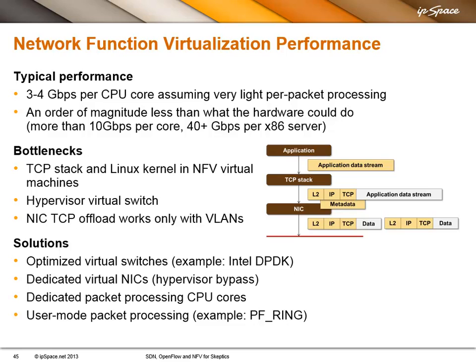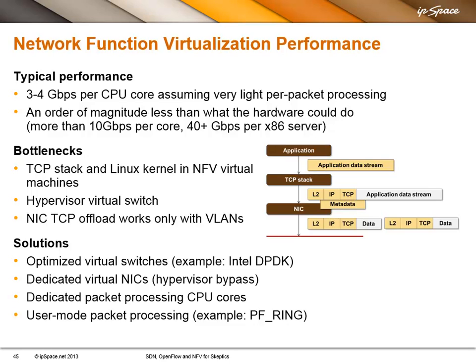The first bottleneck is the TCP stack in the virtual machine. If you're using whatever software, be it open source or from a commercial vendor, that is using standard TCP stack, then you're limited to 3 to 4 gig per CPU core. The problem is that there is so much context switching between the kernel mode and the user mode and interrupt-driven processing and so on and so on.